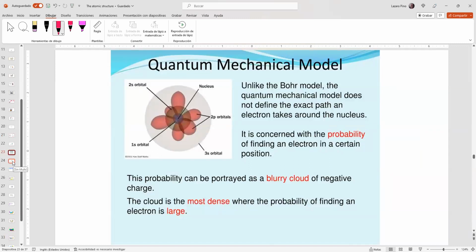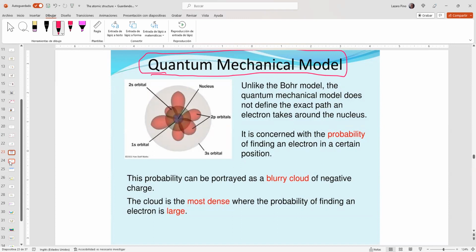I'm not going to explain this because it's too deep to be studied at this level. I only want you to understand that the quantum mechanical model is the only theory that can explain the structure of the atom.